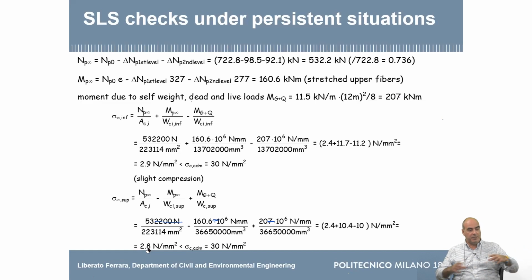First of all, because of the development length, and after that, because of the losses. So it's not that you check the mid-span cross section and go ahead with that. You have to work out a tool which allows you to make these checks at different cross sections.